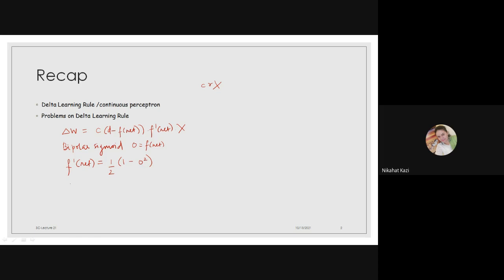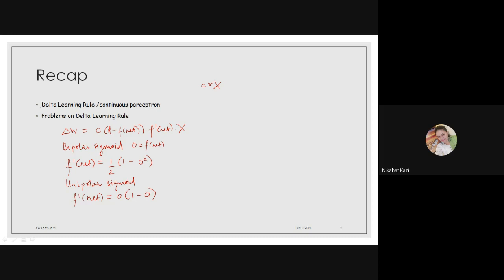And in the case of the unipolar sigmoid, which I left to you as an exercise, what is f dash net? F dash net is nothing but O into 1 minus O. So these were the concepts that we discussed in the last lecture.